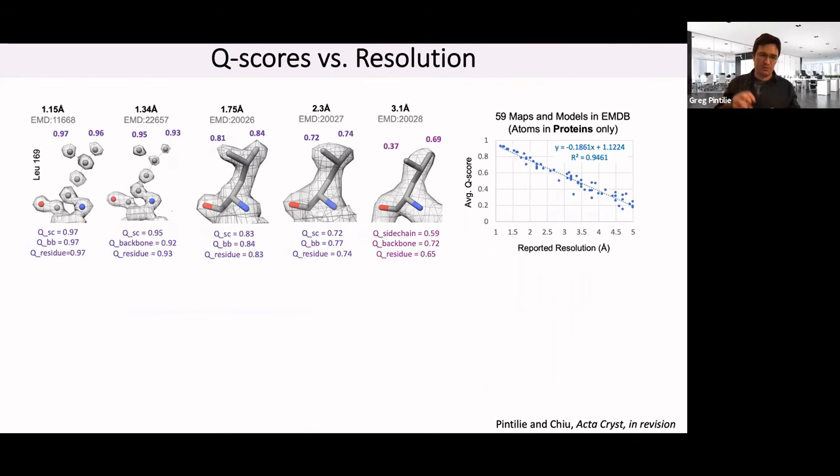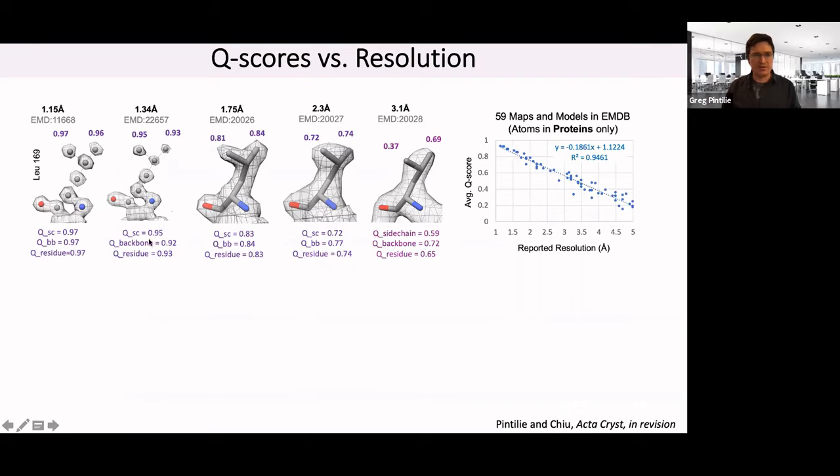We can calculate the resolution in smaller parts by breaking the map up and doing something similar, looking in Fourier space at signal versus noise. But that's a little bit more tricky, and especially hard for smaller and smaller features, because you have to look at a certain number of points around an area to be able to estimate the resolution using that approach. Whereas with Q-scores, we can do it basically for each atom.